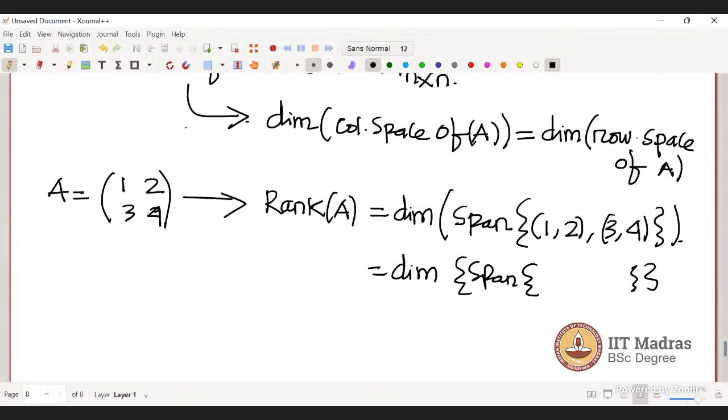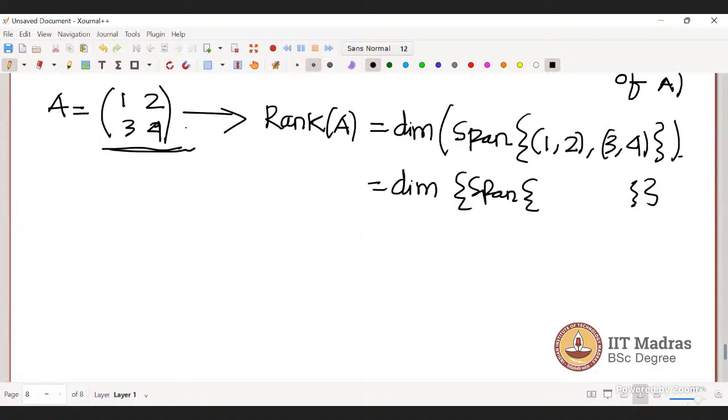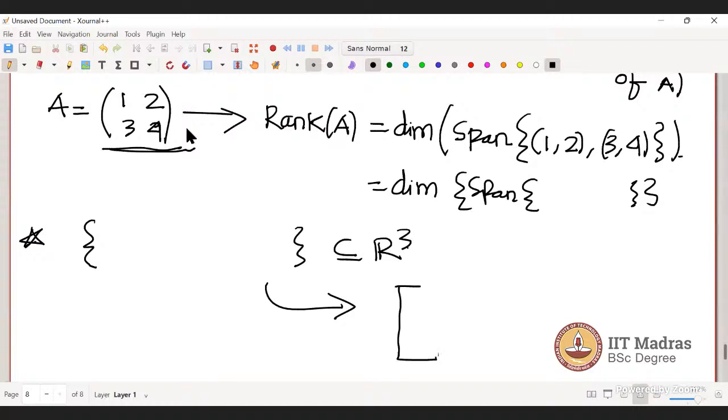So I have a specific matrix here, and for that specific matrix I can talk about rank. When you have a bunch of vectors, say in R3, you put the vectors in a matrix form, right?